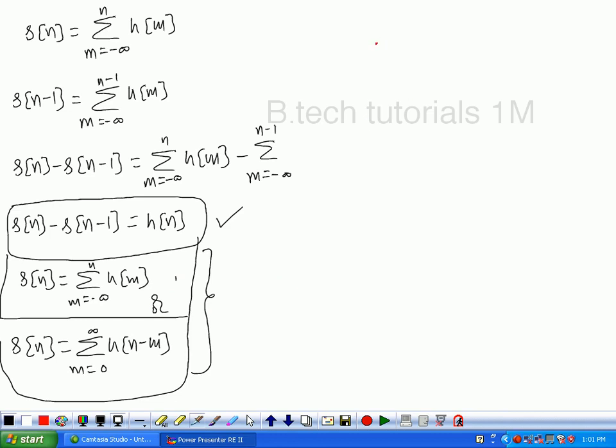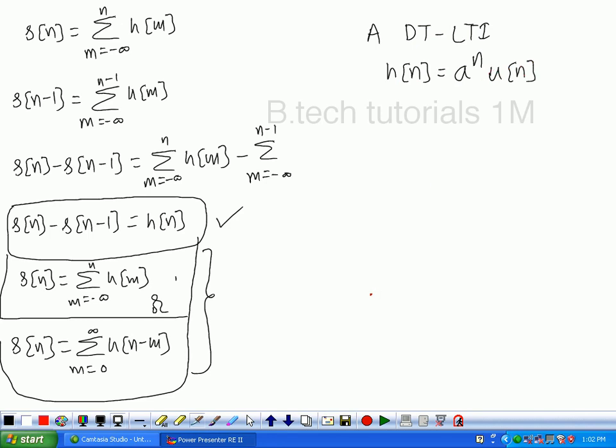Write down a problem, a simple problem. A discrete time LTI system is described by its impulse response h of n equal to a power n u of n.